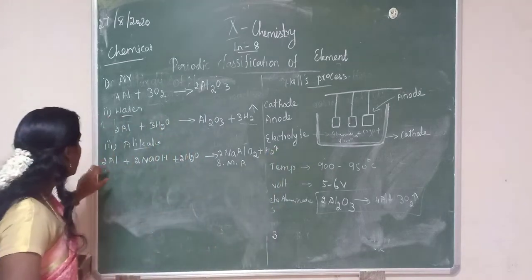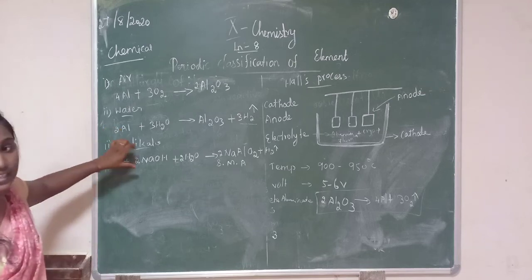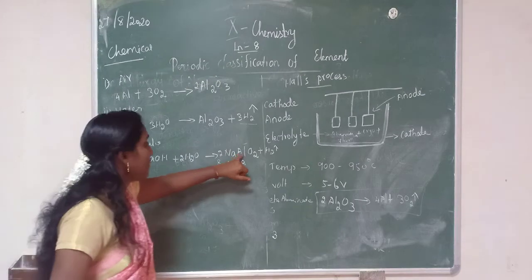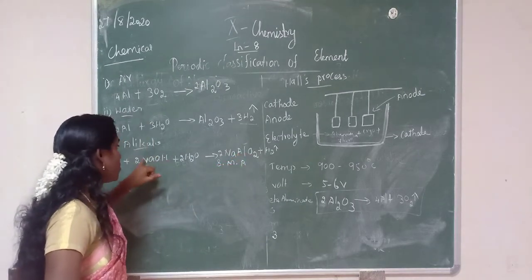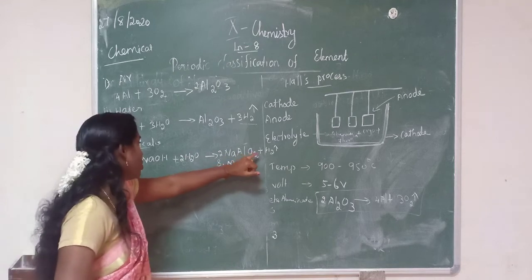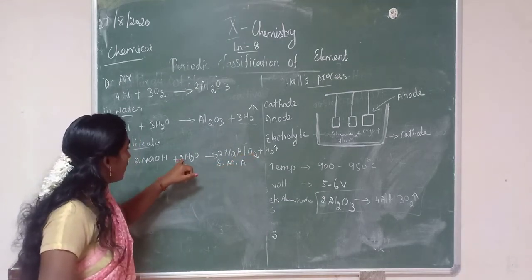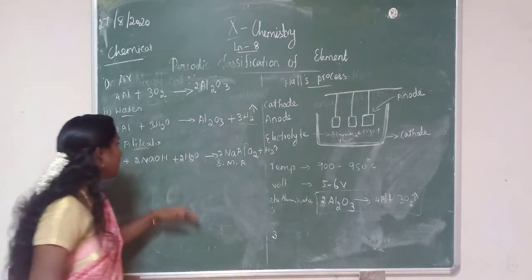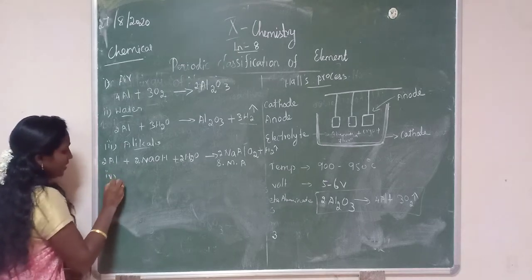Have you understood? In the reaction with alkali, aluminium reacts with caustic soda and gives sodium meta-aluminate, NaAlO2, plus hydrogen, which is liberated. The next one, reaction with acid.